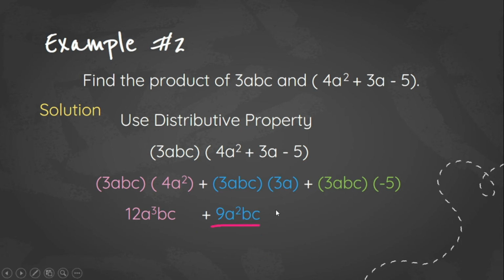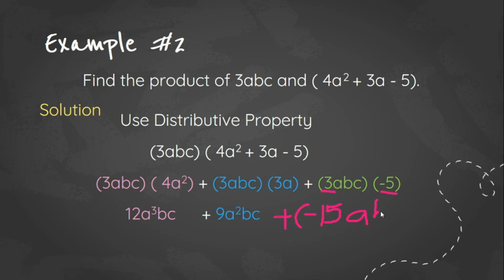Let's have the last one. I have here numerical coefficient 3 and negative 5 lang. Ito wala nang kasamang literal coefficient because this is constant. So we have 3 times negative 5. So we have plus, lagyan natin parentheses kasi may negative. 3 times negative 5, that's negative 15. Tama? Tapos wala na tong letters, so we will just copy A, B, C.